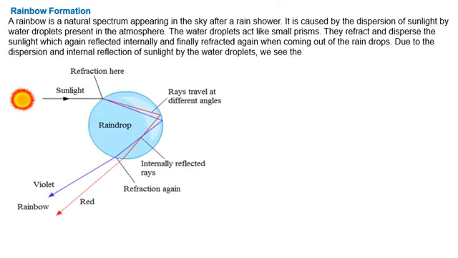Now let's see another diagram, that is rainbow formation. We know that rainbow formation is a natural phenomenon where we can see the spectrum appearing in the sky after the rainfall. There should be a sun, right?